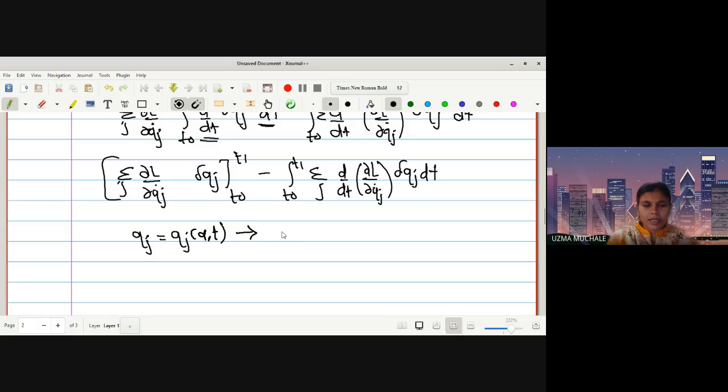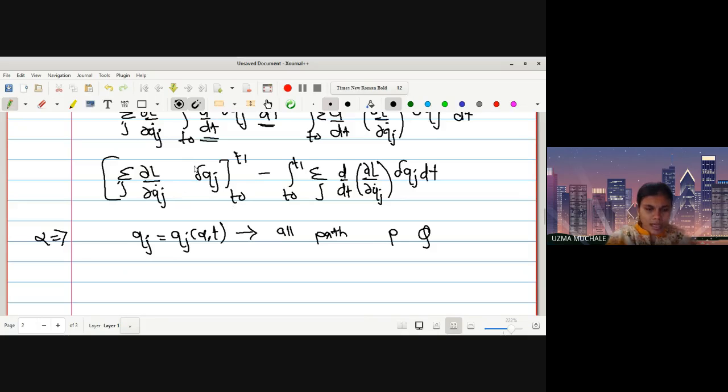These are nothing but the collection of all the paths from P to Q. Out of all those possible paths, we are going to choose a path such that we get the correct path, the path from which we get the minimum time. For different values of alpha, we get a different curve, right? All the paths passing from point P to Q are denoted by the notation Qj alpha of t.